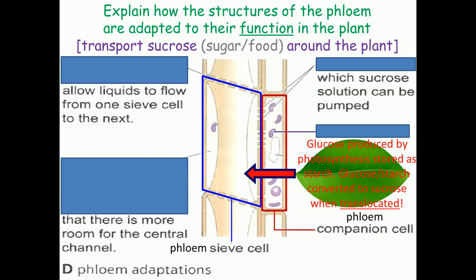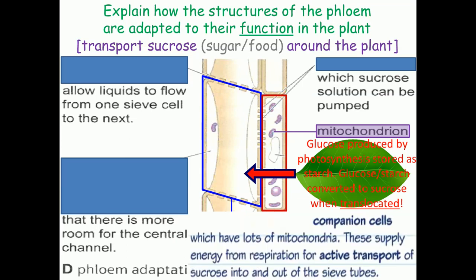And those phloem companion cells therefore need lots of mitochondria because they move the sucrose from a lower sucrose concentration to a higher sucrose concentration in the phloem sieve cell. So companion cells have got lots of mitochondria. That's one of their adaptations, because the mitochondria help to release energy from respiration, so that active transport of the sucrose into and out of the sieve tube or sieve cells can happen.